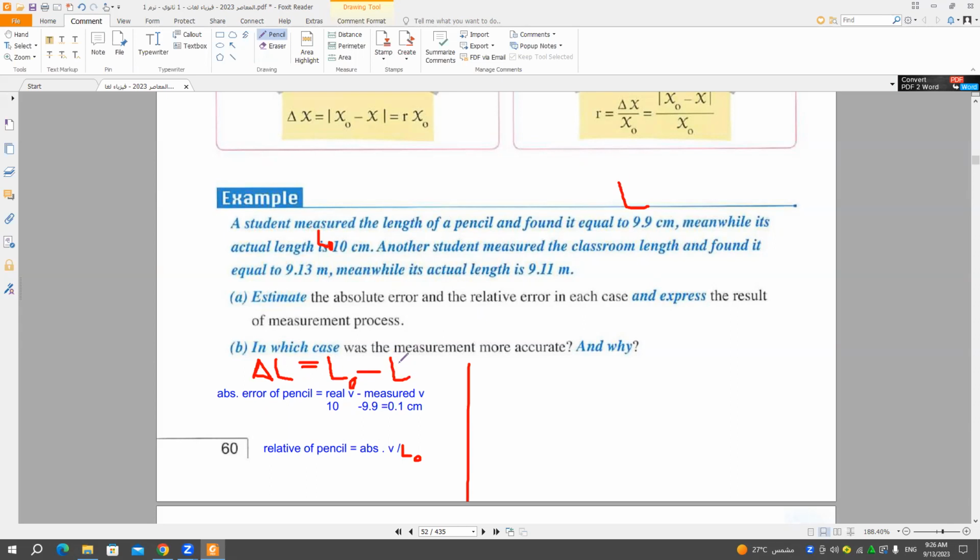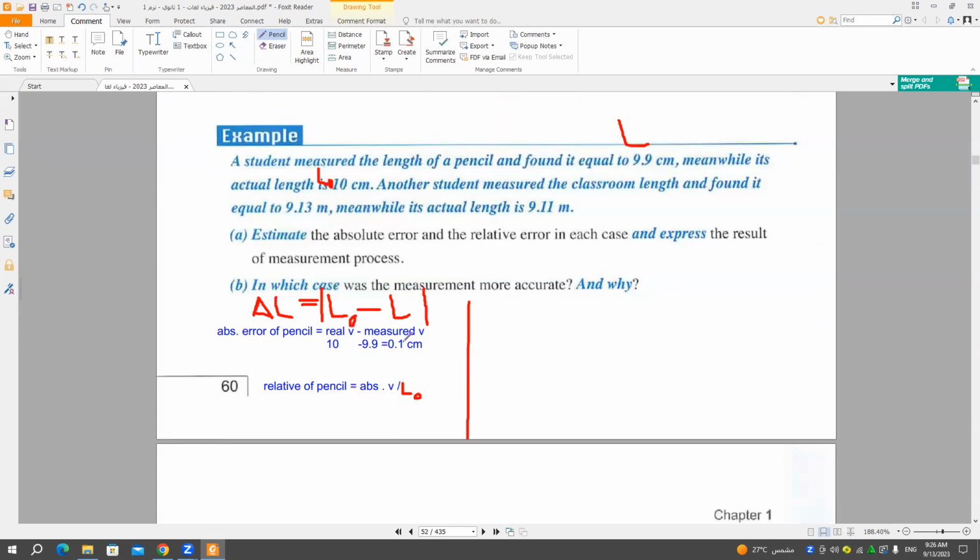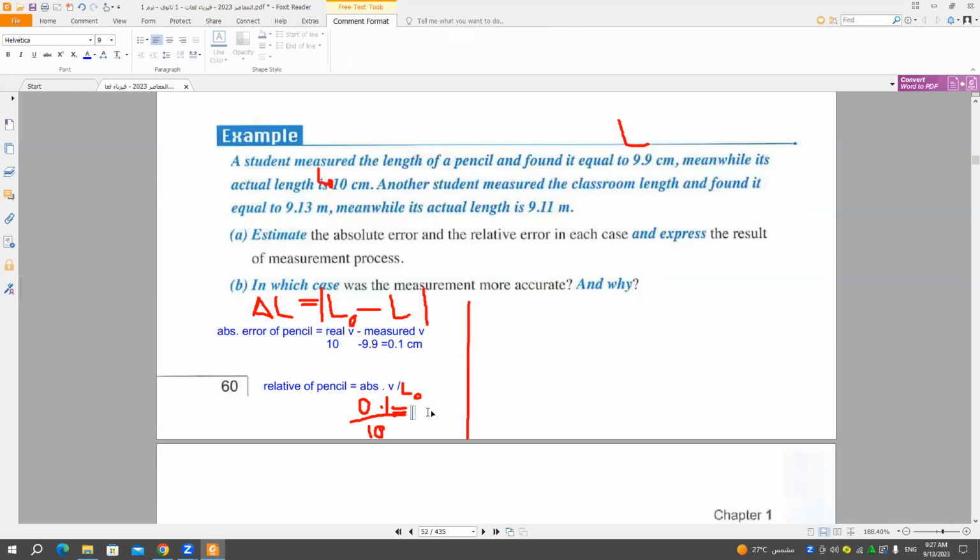What will happen if we get a negative sign? We have a modulus. Don't worry about the negative value of this result. Absolute error equals 0.1, divided by the real value, which is 10. So 0.1 divided by 10 equals 0.01.